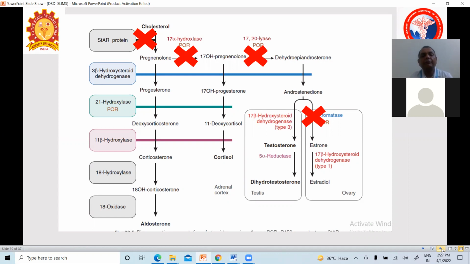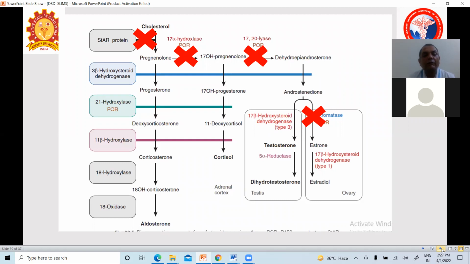If there is disturbance in the vertical pathway, the synthesis through the horizontal pathway, that is sex estrogens, will be high. If there is a disturbance in the horizontal pathway, the vertical pathway enzymes will be more. So you should keep this in mind.